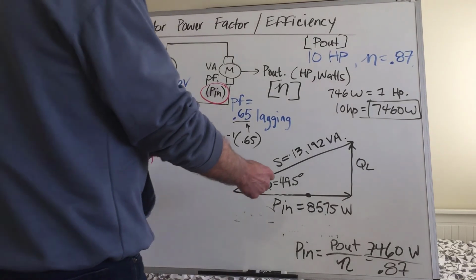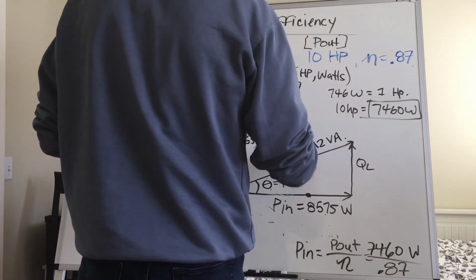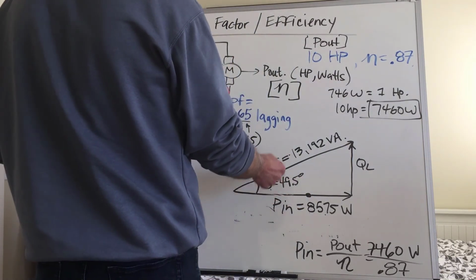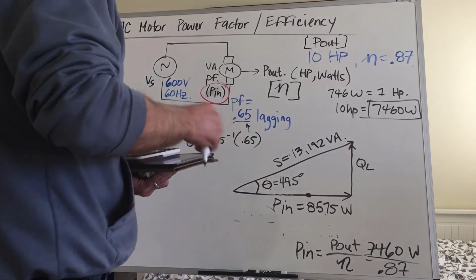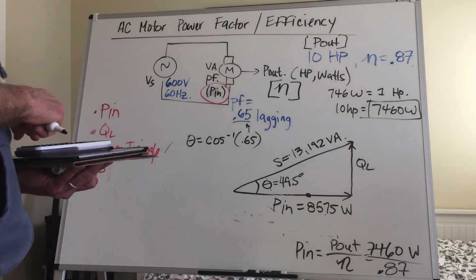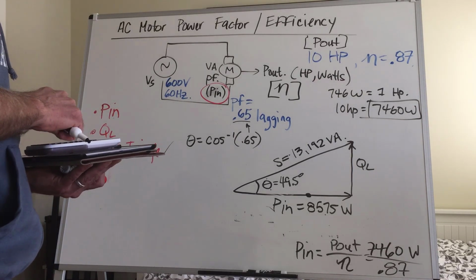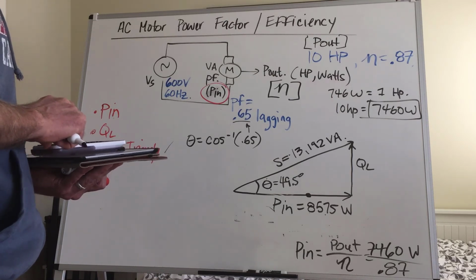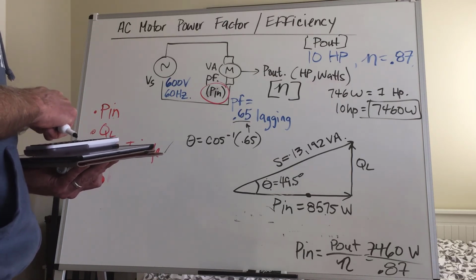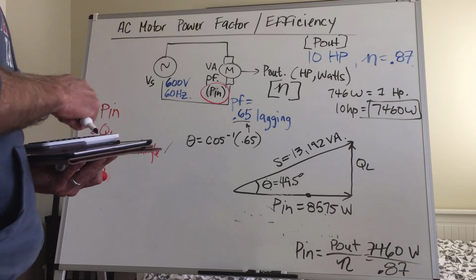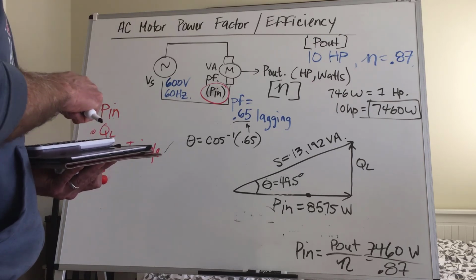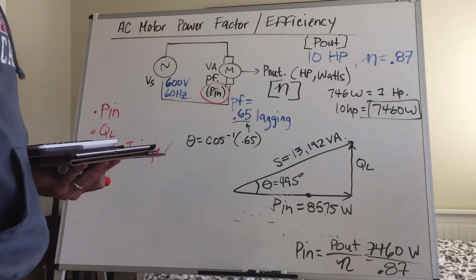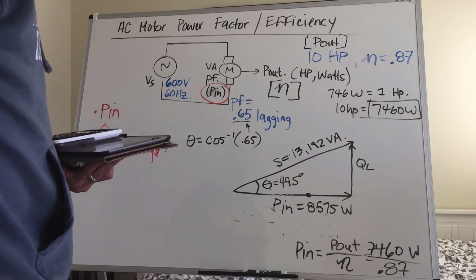Now, in order to come up with my QL, my final side, all I have to do is a polar to rectangular conversion. So I'm going to enter 13,192 at an angle of 49.5, and then convert that to its rectangular form.